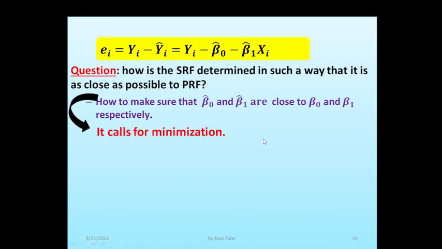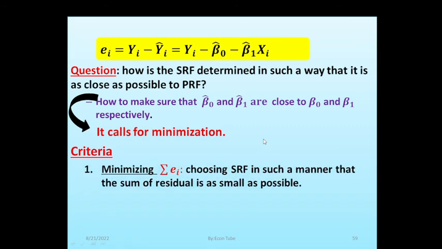We call for minimization rules. The first criterion is minimizing the summation of ei by choosing the sample regression function in such a manner that the sum of residuals is as small as possible.